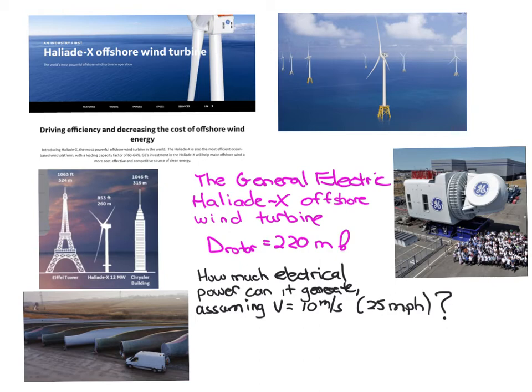The diameter of the rotor here, the diameter of just the blades in this design, is 220 meters. And just to give you a scale, the whole thing, by the time you get it on top of the tower, is about 260 meters high. And that's pretty comparable to the Eiffel Tower, if you're familiar with that structure, or if you've walked around New York and seen the Chrysler Building, which when it was built was the tallest building in the world.